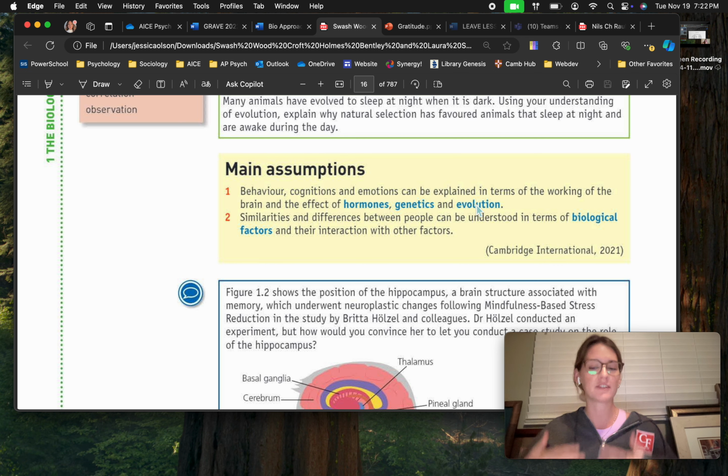It's a biological factor. It's something happening in the body. Brainwave activity, okay? Biological factor, anything that's happening in the body. So similarities and differences between human behavior, similarities and differences between people's thoughts, similarities and differences between people's emotions can be understood in terms of the body.